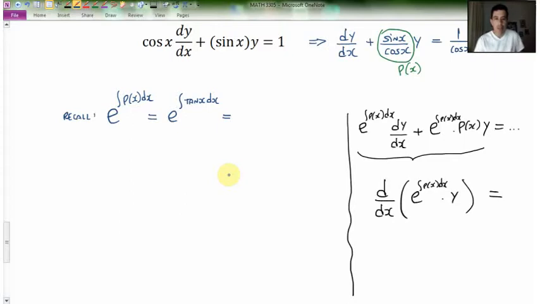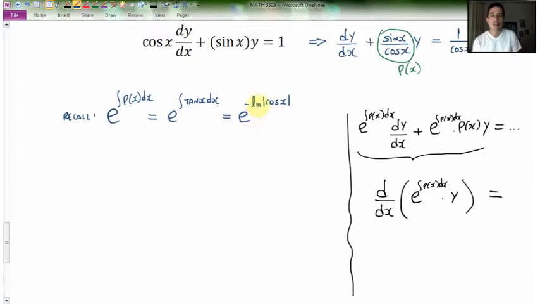But the integral of tangent is actually negative natural log of cosine. So this is negative natural log of cosine of x. And then plus c, we don't need the plus c there. In the derivation of this method, the c goes away. We don't need to put the c here. Only at the end, when you solve the ODE, then you can put the plus c.